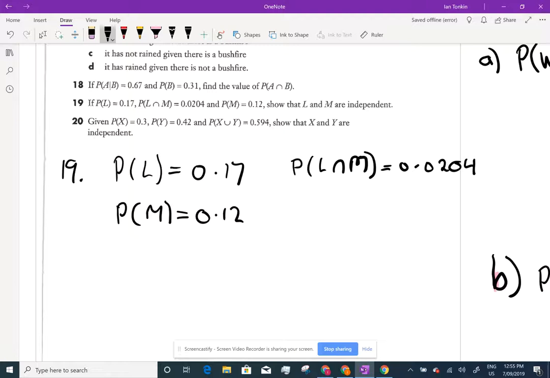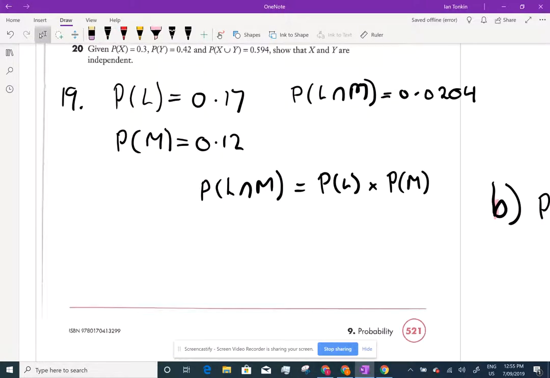Well, if they're independent, P of L and M should equal P of L times P of M. So, does 0.0204 equal 0.17 times 0.12?